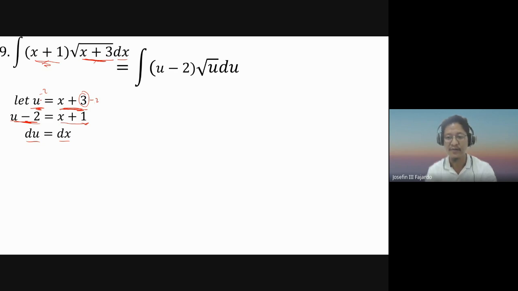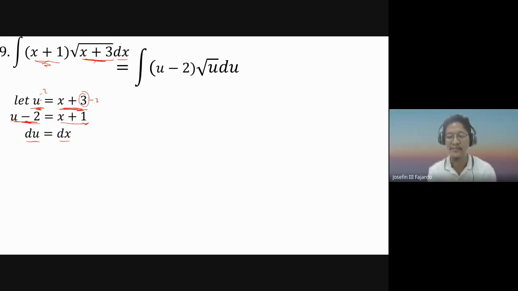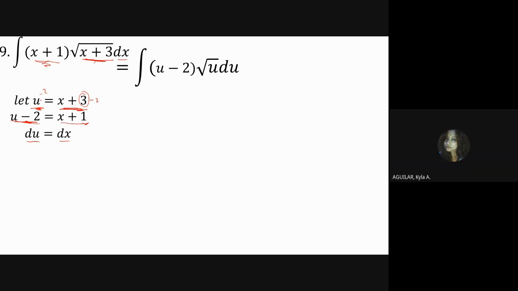Kung anong gawin mo sa kaliwa, yun din ang gagawin mo sa kanang part ng equation. So just like what we did, we subtracted 2 from the left side, we subtracted 2 also from the right side. So the correct term for that is not transposition, but we perform the law of equality.